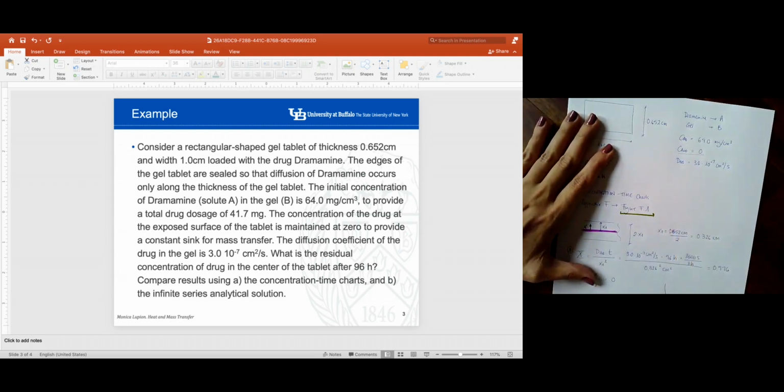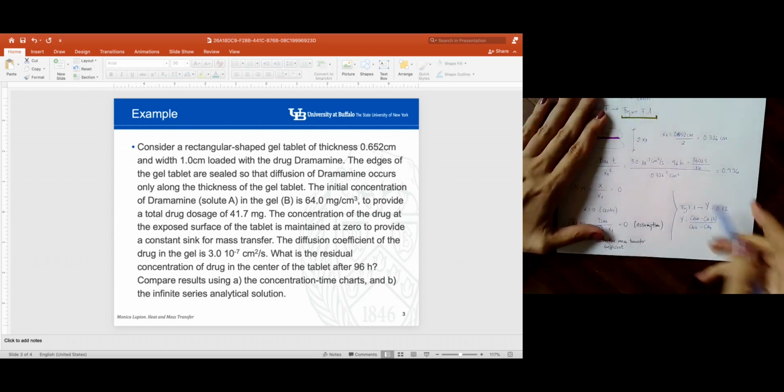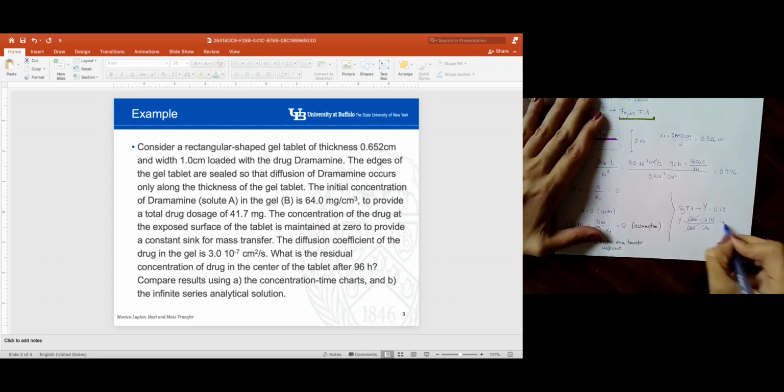It's given in the problem. So we cancel this, and therefore from here we can say that the concentration that we're looking for is equal to y times the initial concentration.